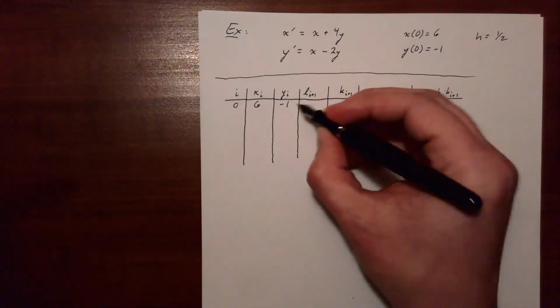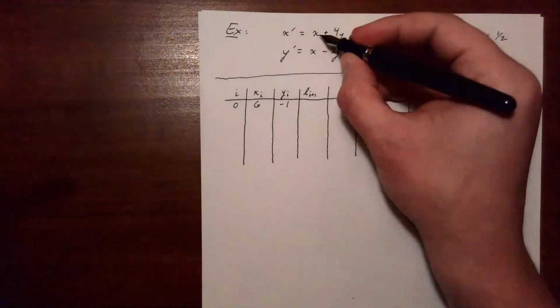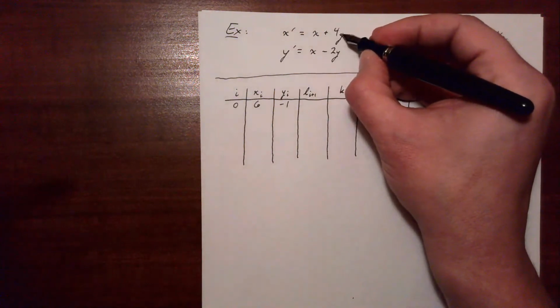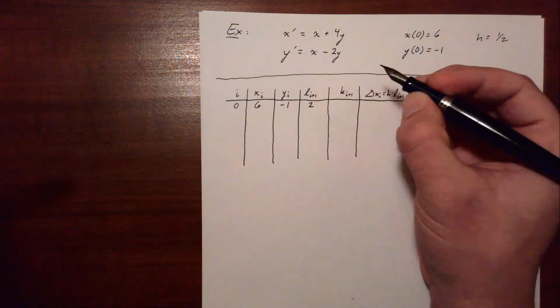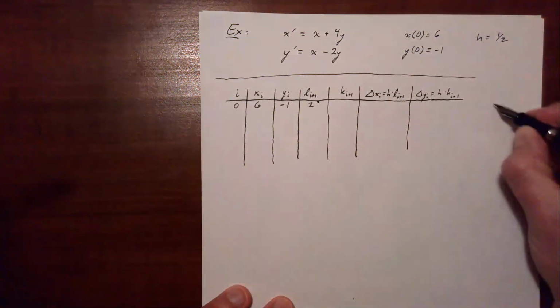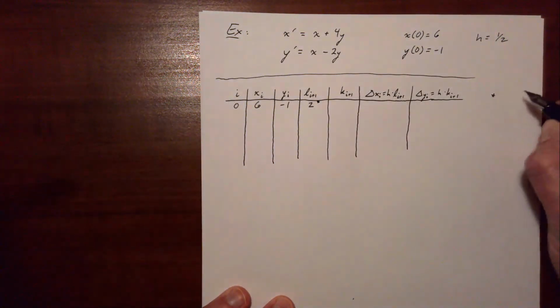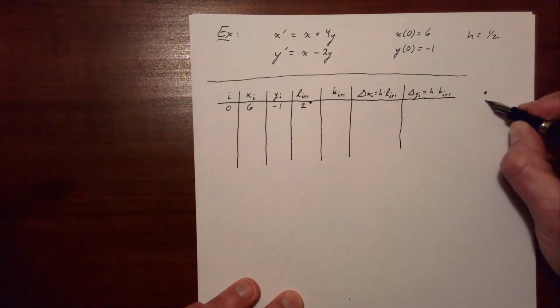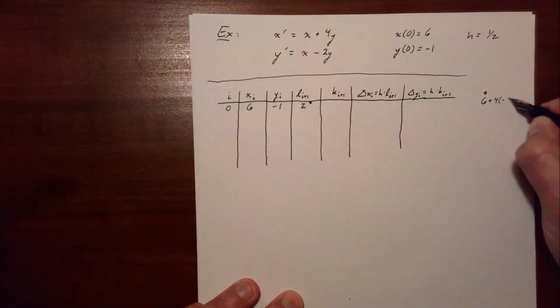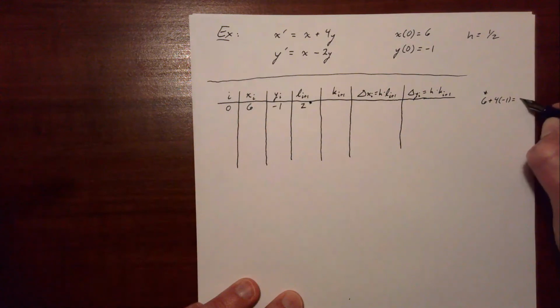So if I put 6 plus 4 times -1, that's going to be equal to 2. And here I'll put a little asterisk for commentary. So this is 6 plus 4 times -1 equals 2.